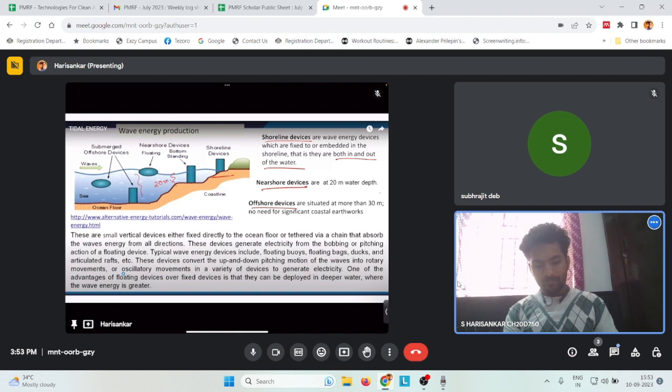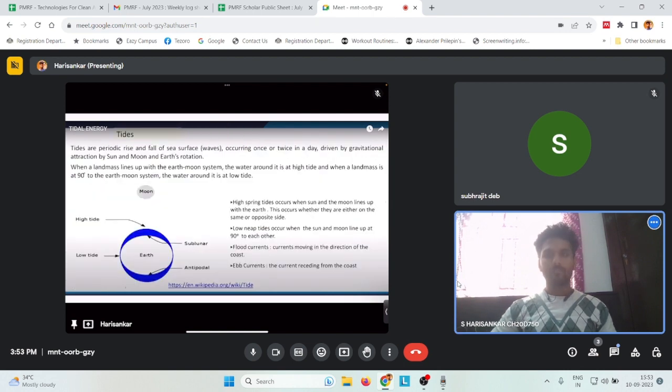And then you have offshore devices, which are more than 30 meters in depth from the surface. So these are just some of the devices that are used to produce tidal energy from the waves and tides.